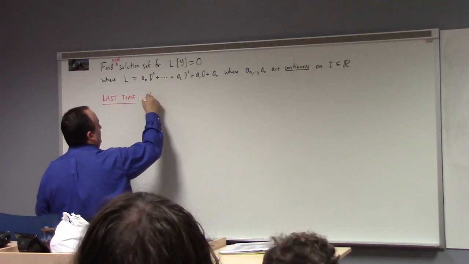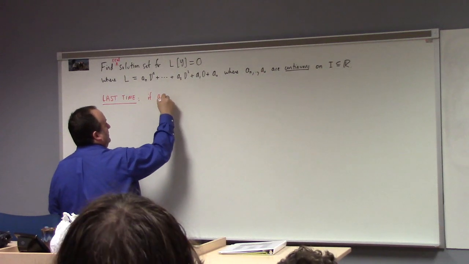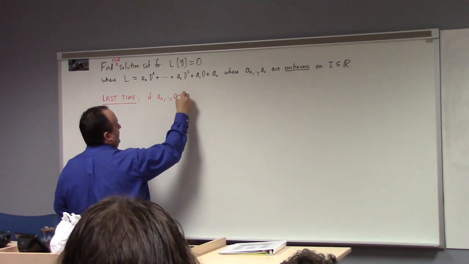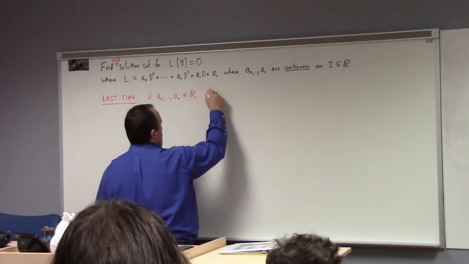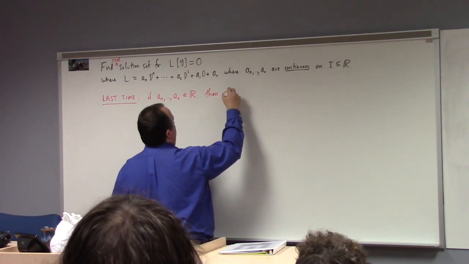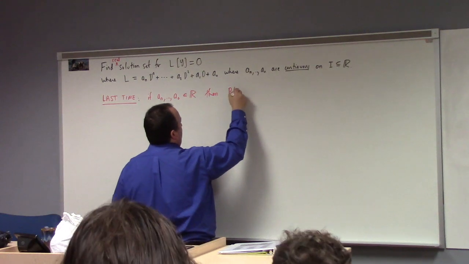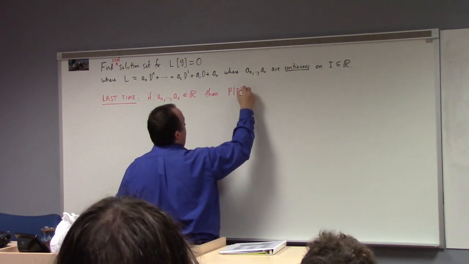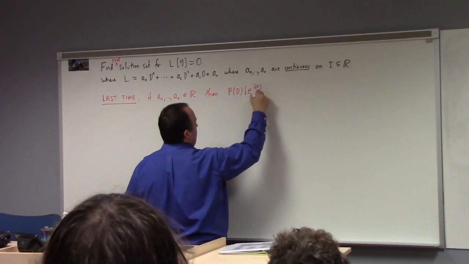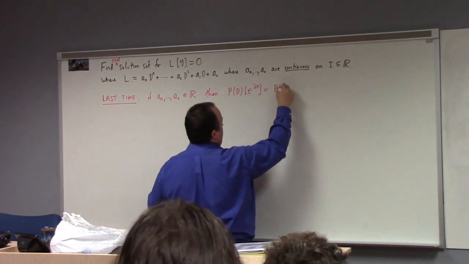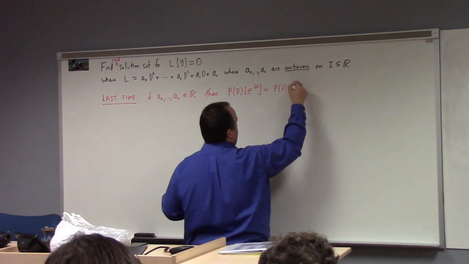We saw that if you had a_n through a_0 elements of R, then if we look at the polynomial and the differentiation operator acting on e to the lambda x, we just get P of lambda e to the lambda x, right?